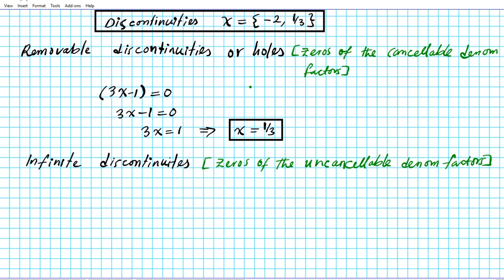So we'll simply extract that denominator factor that cannot be cancelled, set it equal to 0 and find the zero. In this case it is -2. Okay, this is the infinite discontinuity of the rational function under consideration.